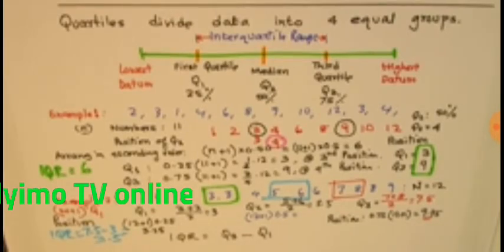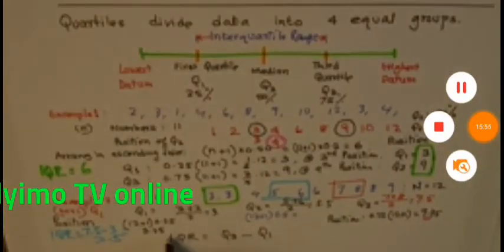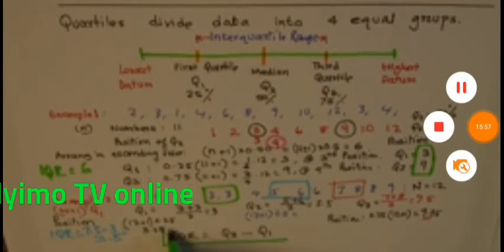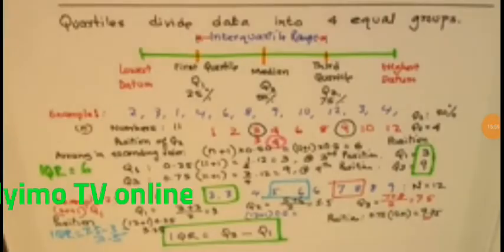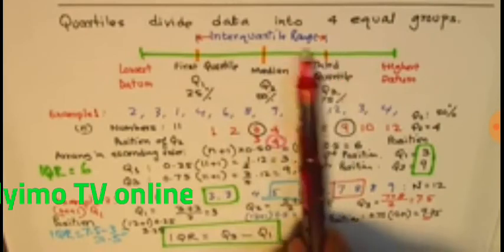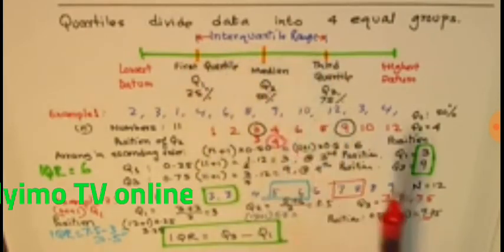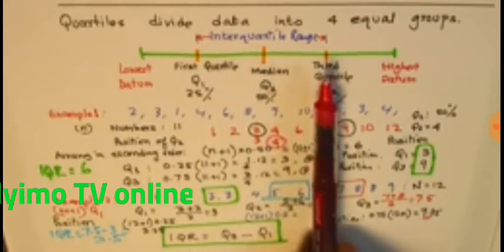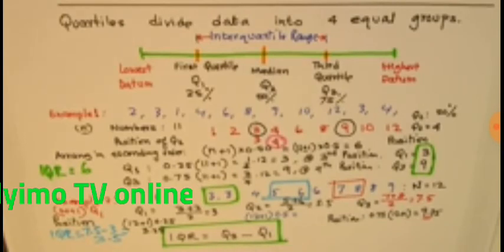So that is how you can find the interquartile range. The formula for interquartile range is the difference between the value of the third quartile and the first quartile. So that gives you the central value. The central half of the data is represented by the interquartile range.